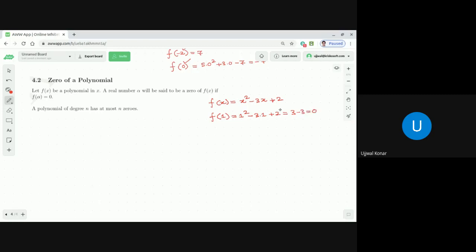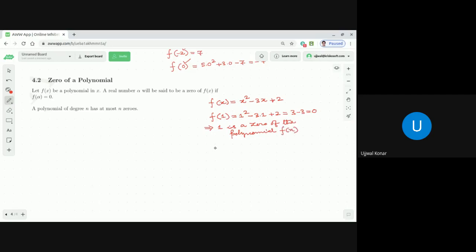So as we get f(1) equal to 0, we can conclude that 1 is a zero of the polynomial f(x).